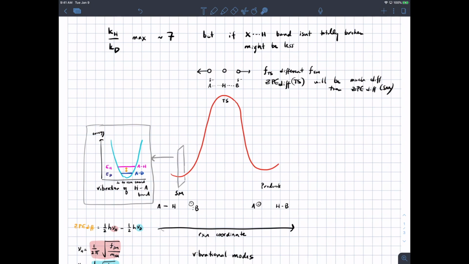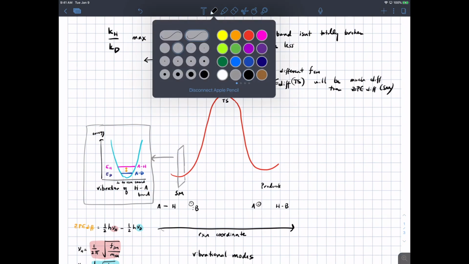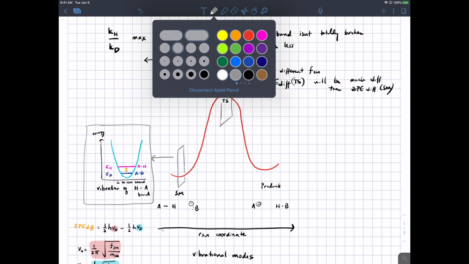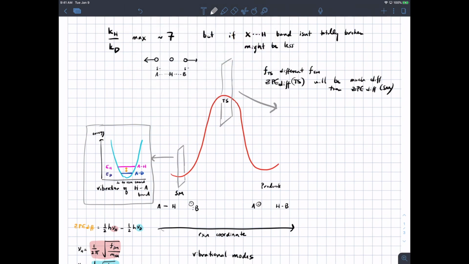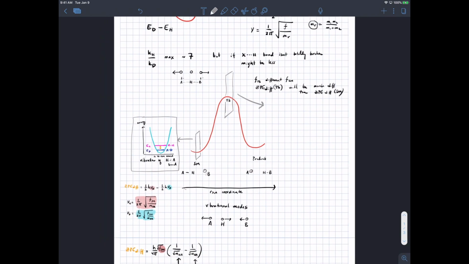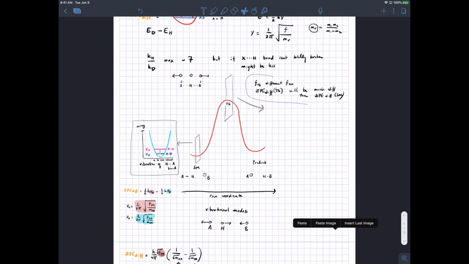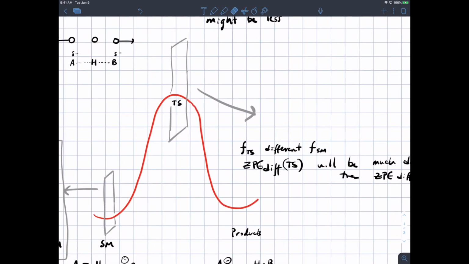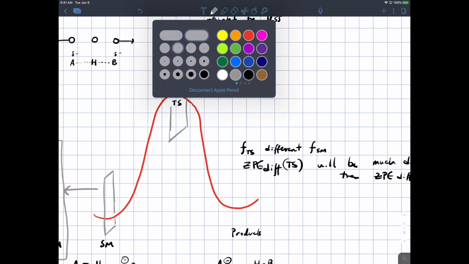In this case, because we've said that the vibration that matters in the transition state is this symmetrical stretch, and because that stretch doesn't involve movement of the proton at all, you wouldn't expect to see much of a mass-based difference. You wouldn't expect to see as much of a mass-based difference in zero-point energies if the proton isn't even moving.